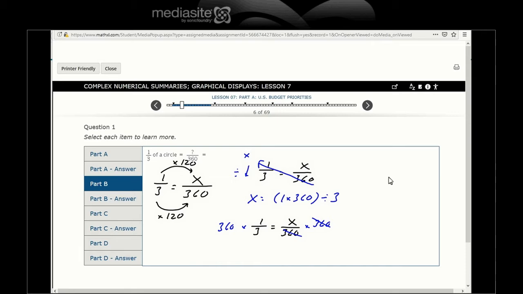I think in all cases we get x equal to 120, because this gives me 120 over 360. This again gives me 360 divided by 3, or 120, and of course this gives me also 120.